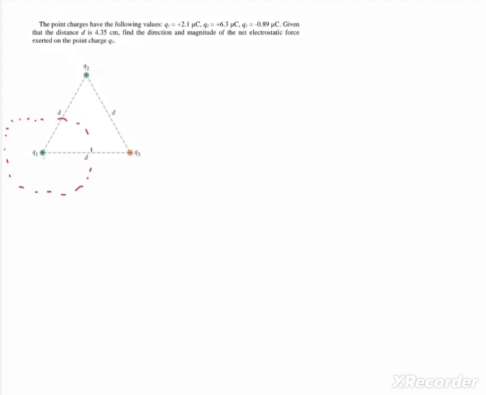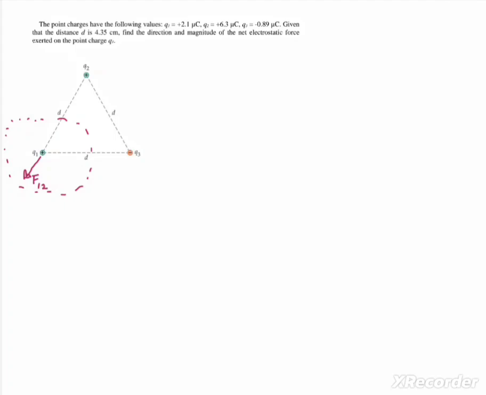So at Q1 it's going to repel Q2. So we are going to draw the arrow like that, and this is our F1,2. Note that Q2 also has a direction for this force, but we don't care about it because that's not the question.